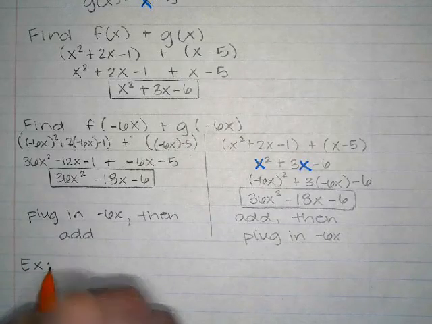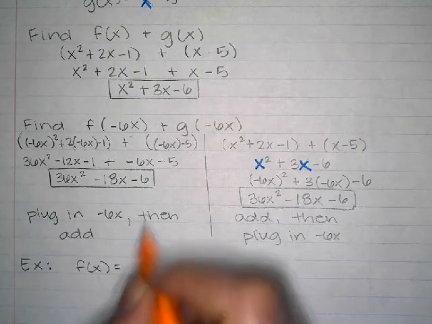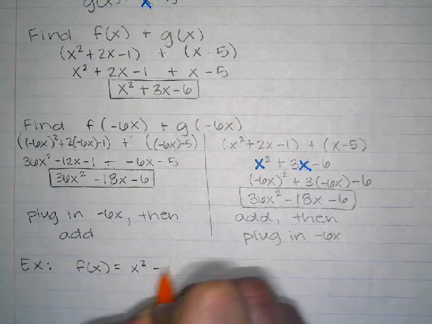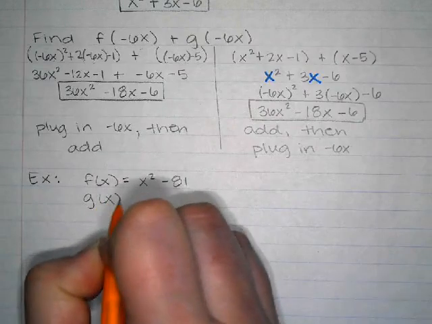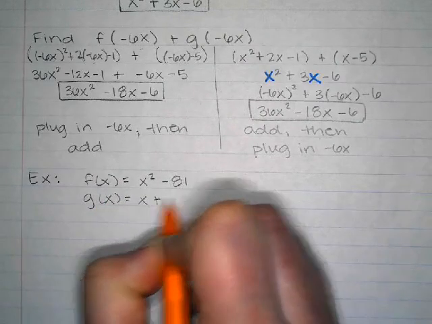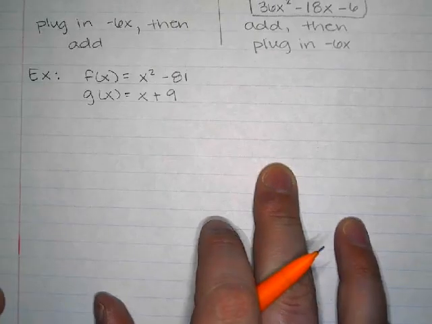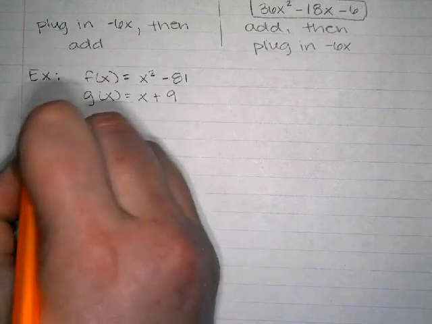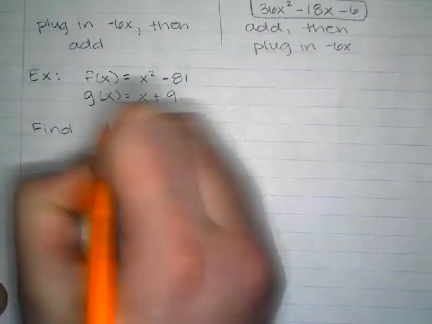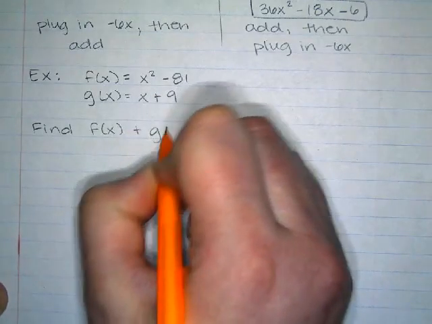Okay, let's try another one. So this one says f of x equals x squared minus 81. G of x is x plus 9. Okay. So the first thing that we're going to do is find f of x plus g of x.